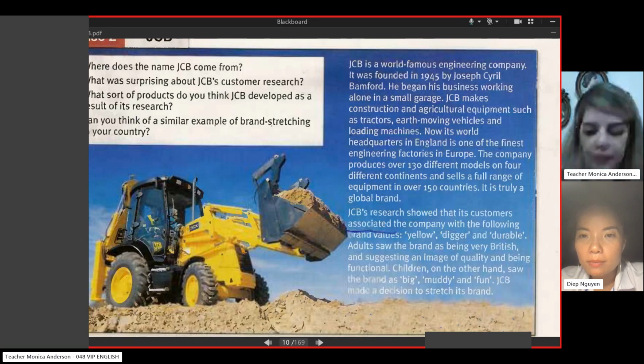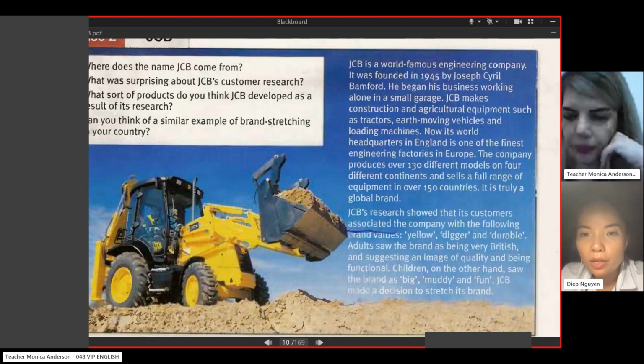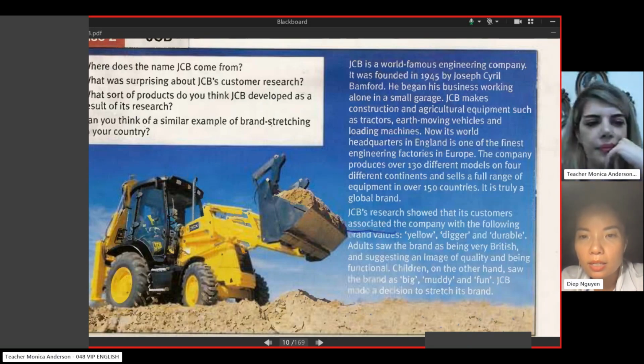He began his business working alone in a small garage. JCB makes construction and agricultural equipment such as tractors, earth-moving vehicles, and loading machines. Now it is headquartered in England.